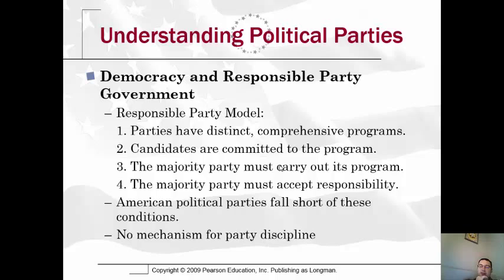But in a lot of ways, the American political parties have a difficult time with the responsible party model. With the loss of earmarks, which we talked about earlier in the congressional section when we were speaking about why there was a government shutdown, it's very difficult to enforce party discipline within the Congress without earmarks.